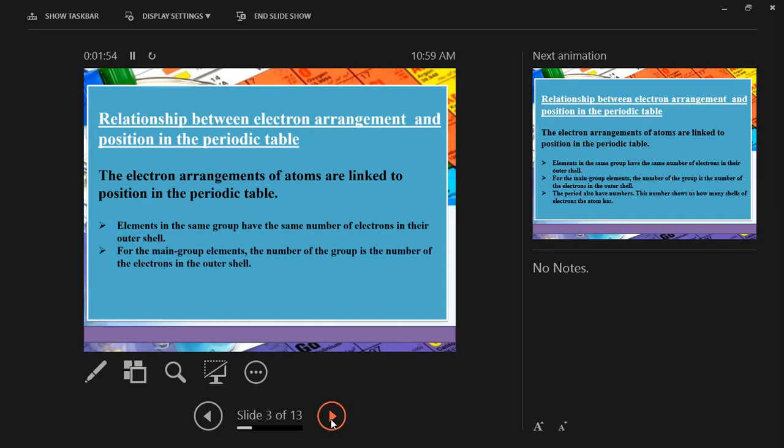For the main group elements, the number of the group is the number of electrons in the outer shell. Like how many electrons in carbon? 6. If I ask how many protons in carbon? 6.